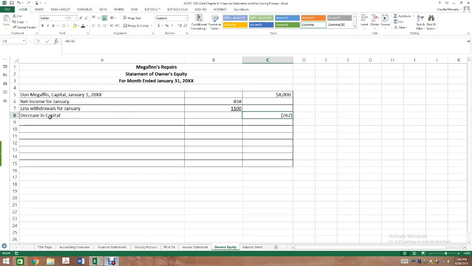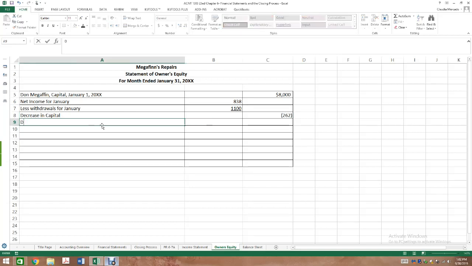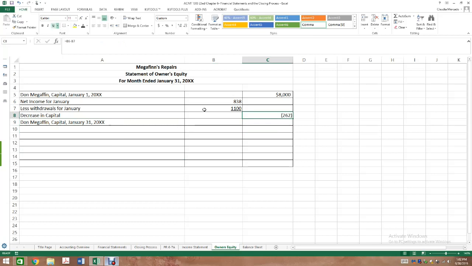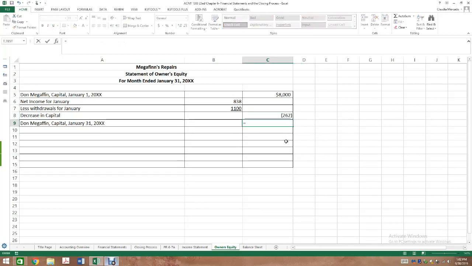Now we can calculate our ending capital. So we have our Don Megafin capital, but now this is as of January 31st, the end of the month. I started off with $8,000 in capital and had a decrease of $262. So that means my capital as of the end of the month is $7,738.